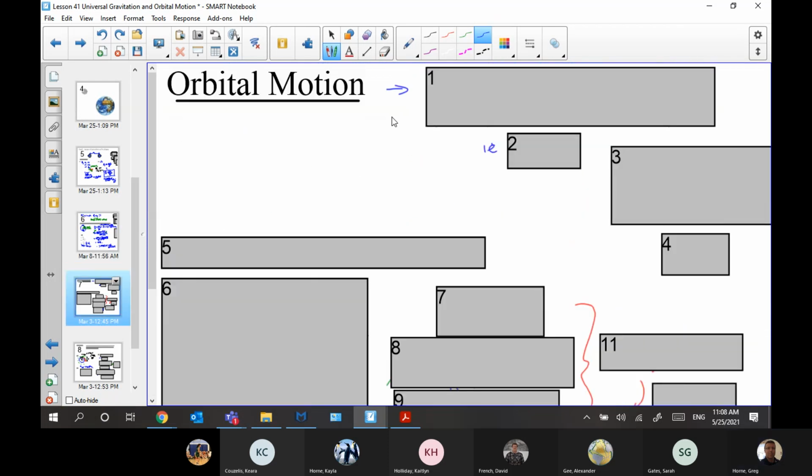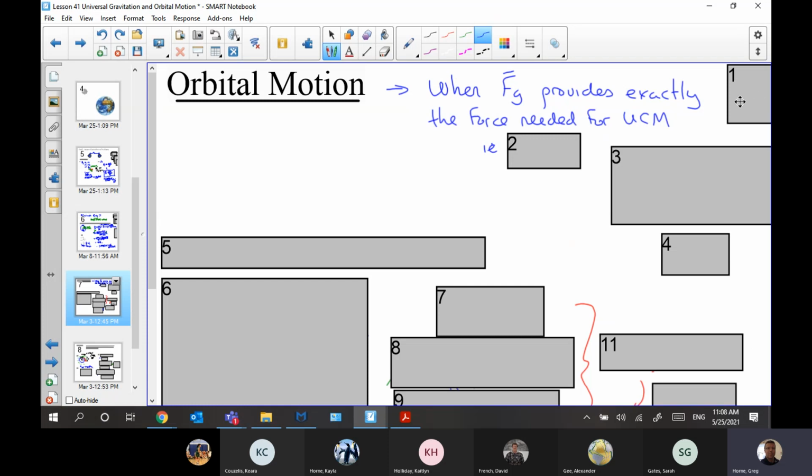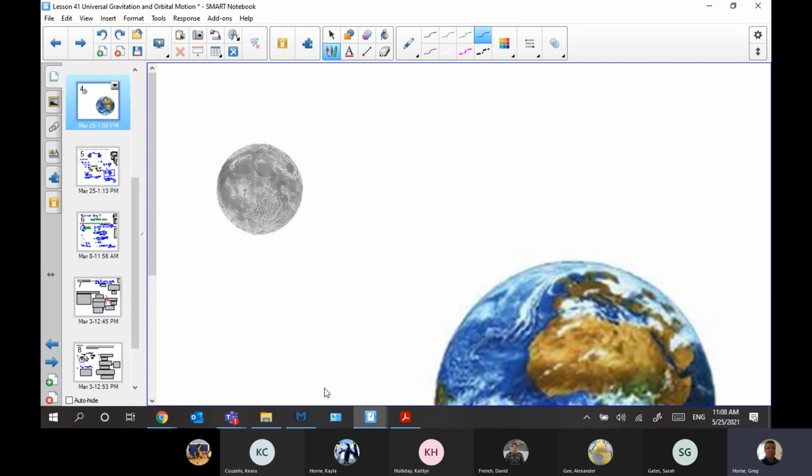Alrighty. So orbital motion is so much easier than you might be thinking. Really, we know that the gravity force, Fg, GMm over r squared, is providing the force needed for uniform circular motion, like it is in the case of the moon. Picture the moon has a big gravity force on it, and we know that it's in uniform circular motion, right? So Fnet equals Fc.